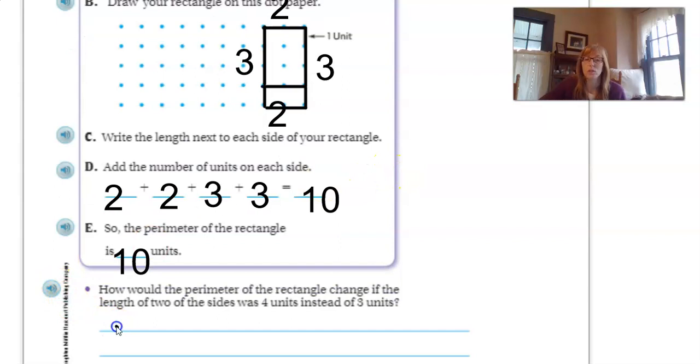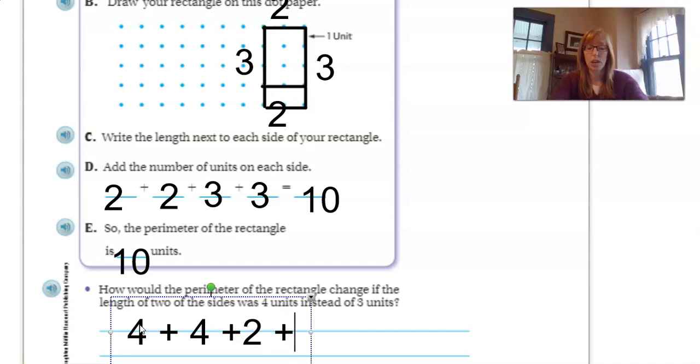So we could do that. We could do that with math. We could say, okay, instead of 3 units, we have 4. So it would be 4 plus 4 plus the 2, because the 2 didn't change, plus the 2, and then equals.